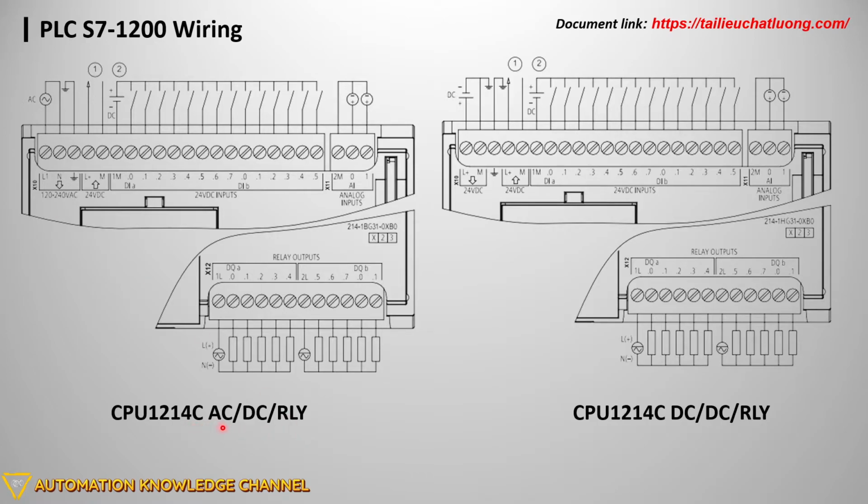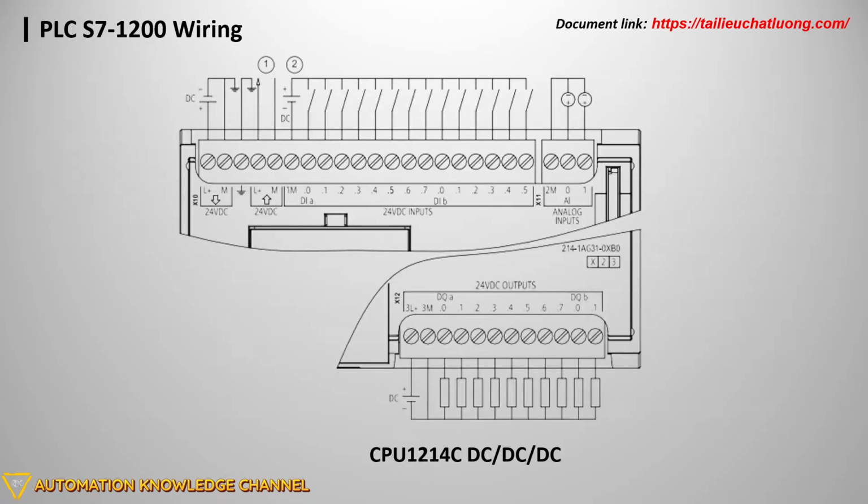AC stands for AC voltage from 120 to 240 VAC. For DC/DC/relay, the input power supply is 24 VDC, and the last is the same, 24 VDC.